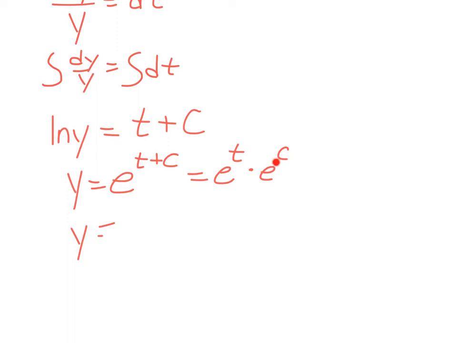So we're able to just change this to our constant letter C, and we can write this as y equals our constant times e to the t. So this is a general exponential growth formula, and when we have this, now we're able to really play around with some really interesting models.